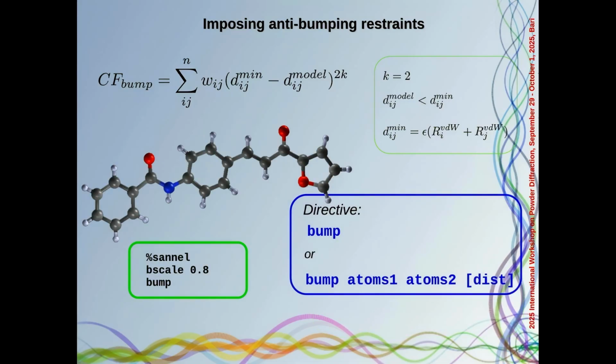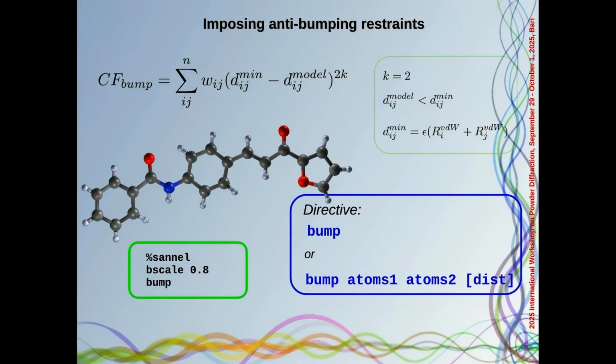In EXPO, the anti-bumping restraint can be activated using the directive bump. If you use just bump as a directive, the anti-bumping restraint will be activated only between all pairs of atoms that are oxygen, nitrogen, sulfur, and carbon.